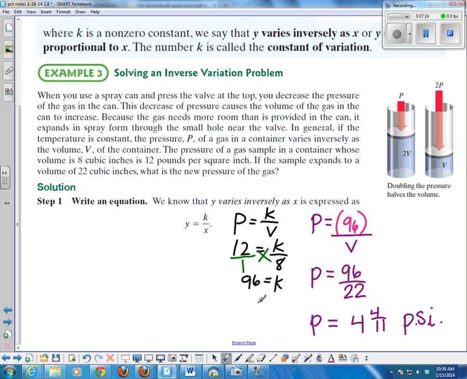That's the constant of proportionality, which is going to get plugged back into the original equation, P equals k over V. And then we're going to use that to solve for the pressure when the volume is 22 cubic inches. So we substitute in the 22 here. 96 over 22 is 4 4/11 pounds per square inch.